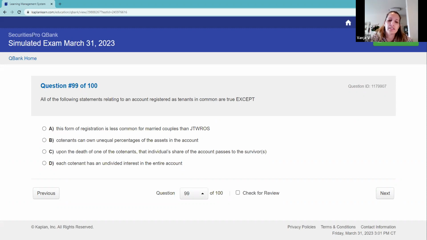Oh, okay. It didn't say to the other person. It said to the survivors. Okay. Tenants in common can own an equal. That's true. This form is less common. Has an individual interest, undivided interest in the entire account.